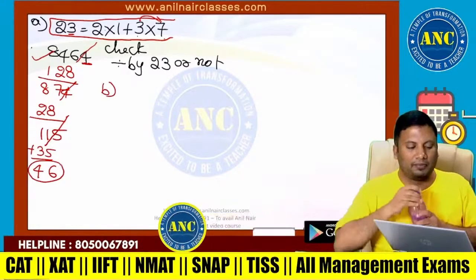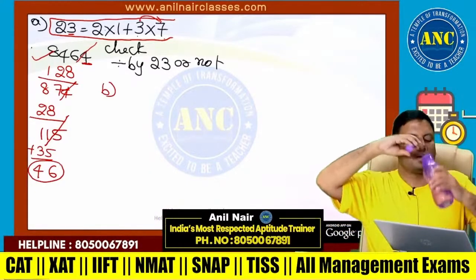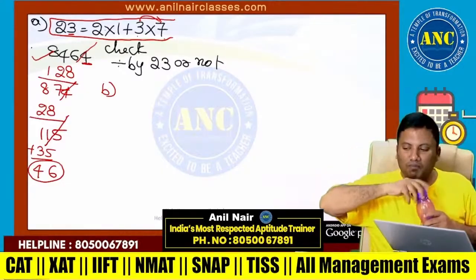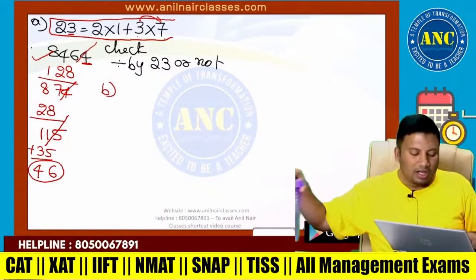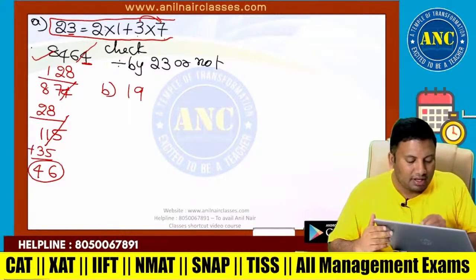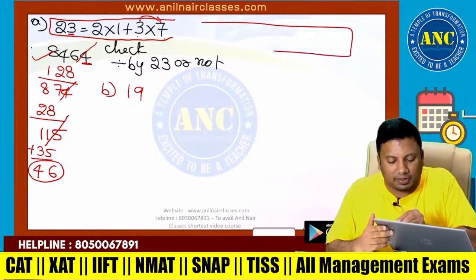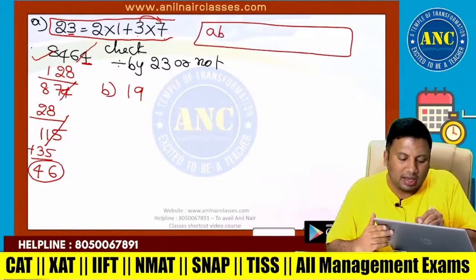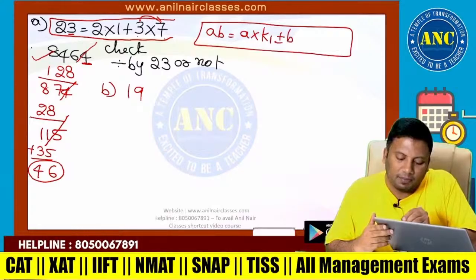Suppose, for example, 19 is there. What is the concept of the theory of osculation? AB could be any number, A into K1 plus or minus B into K2.